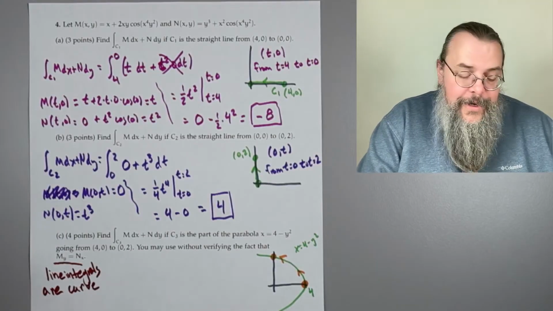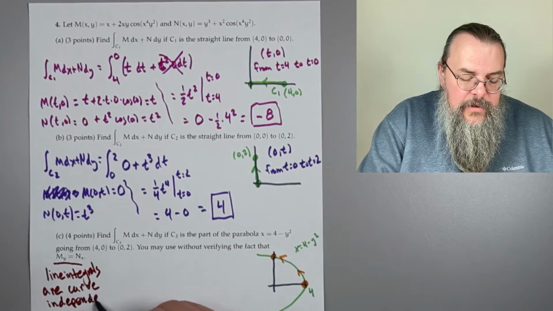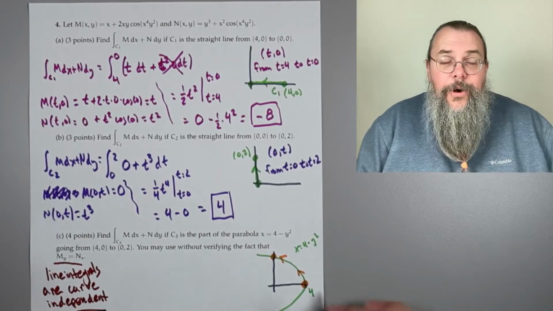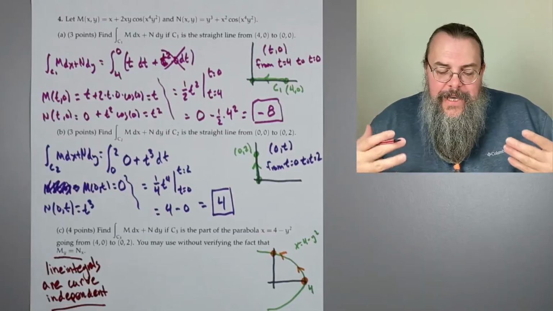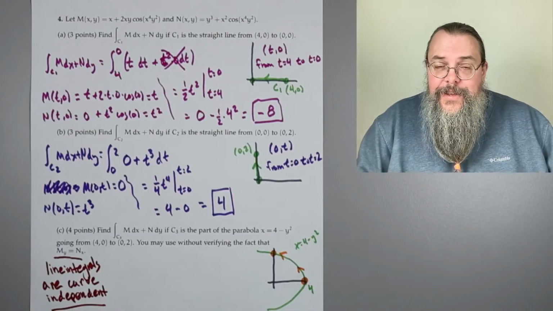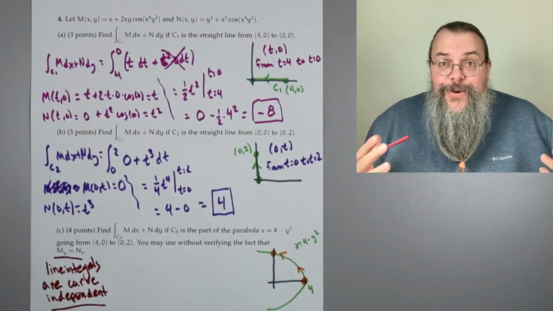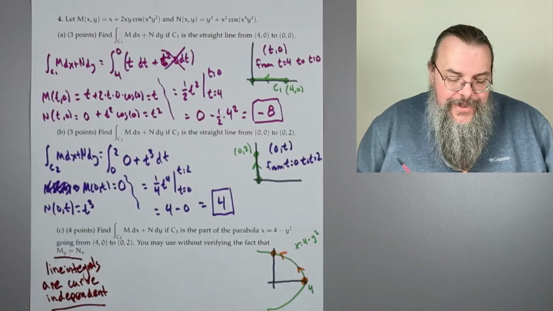And so it says line integrals are, and I know you're already thinking it, what's the word? They are curve independent. So in other words, we only need to know where we start and stop. So as long as we have any curve that starts and stops at the same place, then we're good to go. So we can pick our curve. So here's the great thing.